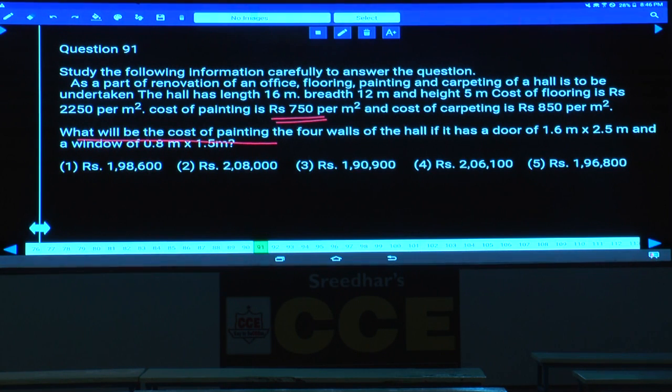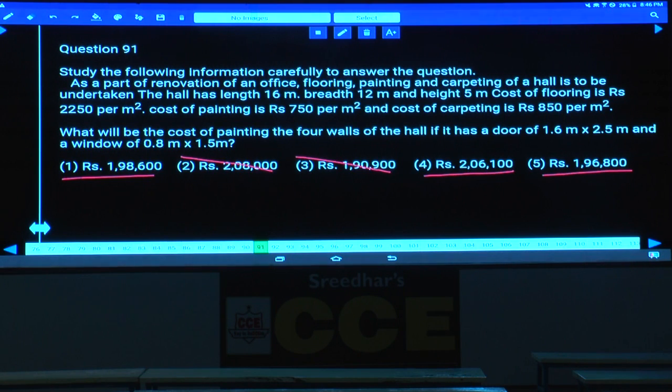Whatever the other number may be, 750 is which multiple? 3 multiple, so your answer also should be a 3 multiple. Come on. Is your first option a 3 multiple? Yes. Second option? No. Third option? Fourth option? Yes. Fifth option? There are 3 options. So you must calculate the area.